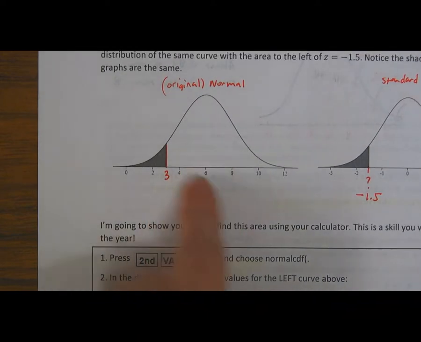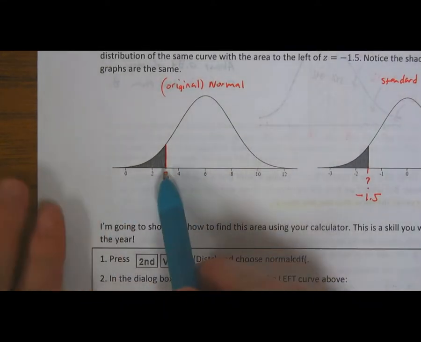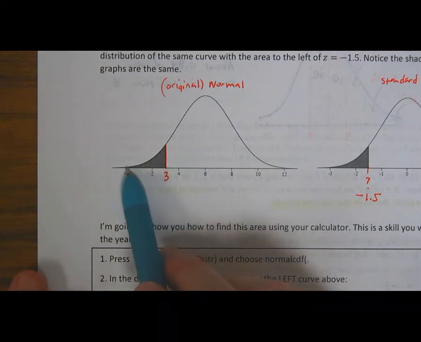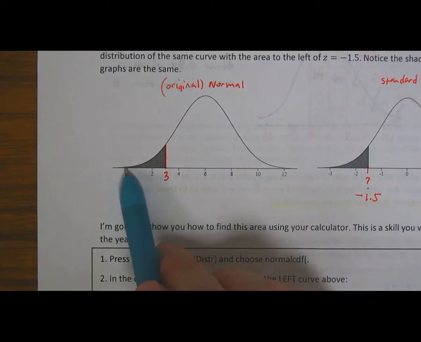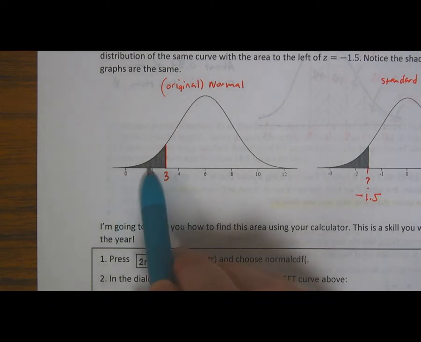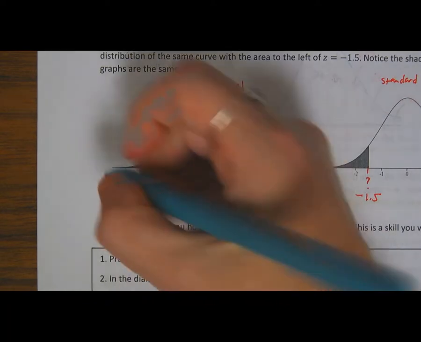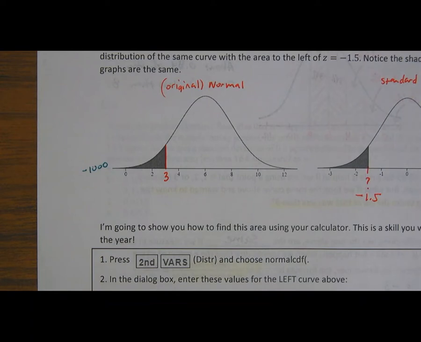So here's what I want you to do. Look right here. This is the one we're going to put in the calculator really quickly. When it says lower, it means what is the lower boundary of your shaded area? And you might be thinking, well, 0, because it stops at 0. But do you remember us talking about there's a teeny tiny little amount left in the tail beyond 0? So this is really bizarre, but listen, for your lower, because you're technically shading to the left forever, you're going to put the lower as negative 1,000.